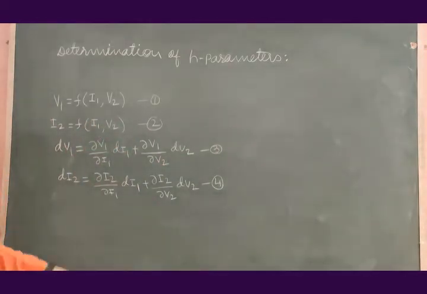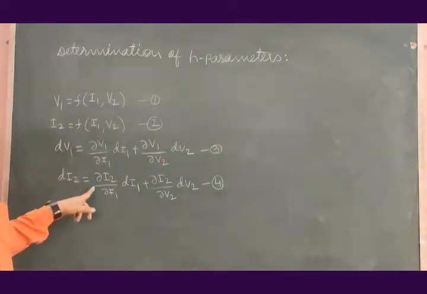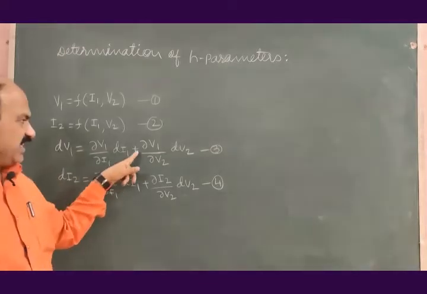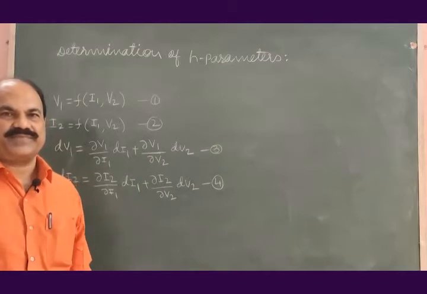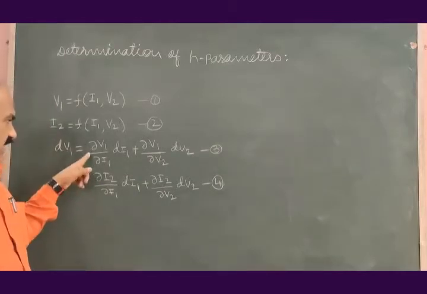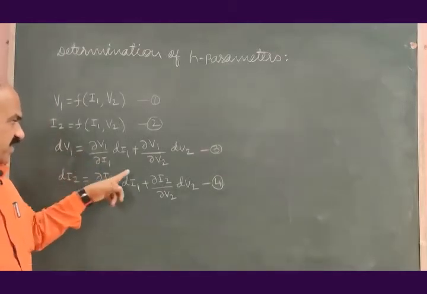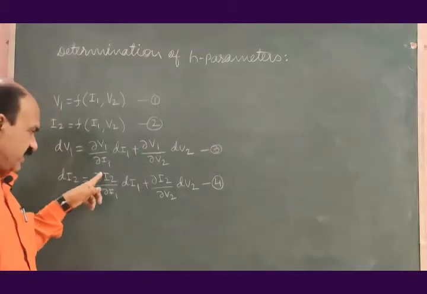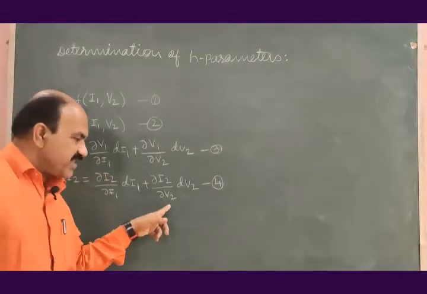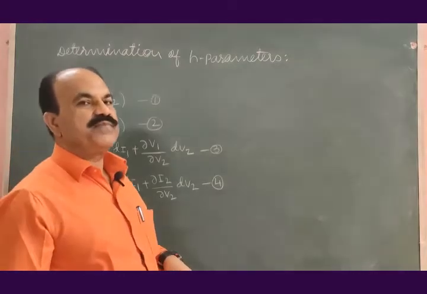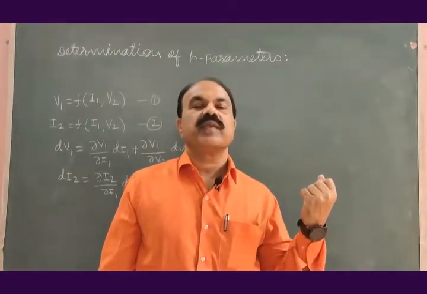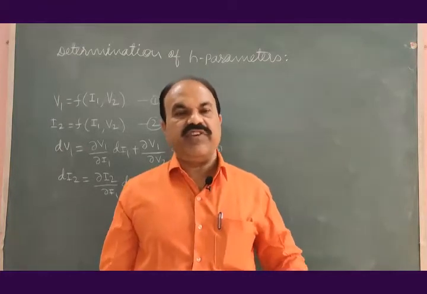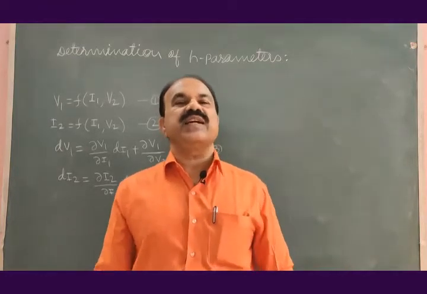This is partial differentiation, this is partial differentiation, this is partial differentiation, and this is partial differentiation. These partial differentials are the slopes of various characteristics of a transistor.